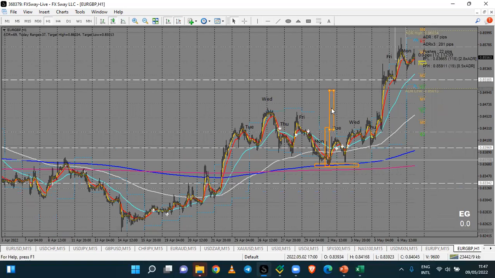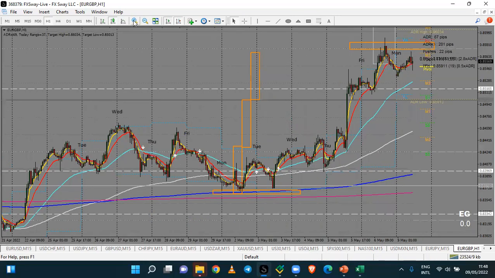1, 2. Wow, it's there. It's complete. So basically, our higher time frame tells us that we still have an uptrend. Here we will be looking at where price would have a retracement and then a continuation going up.